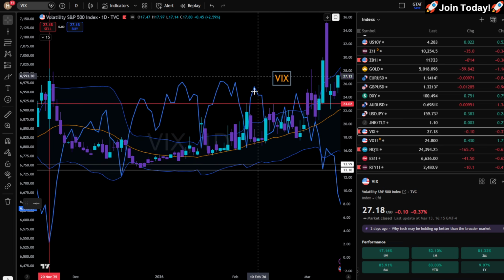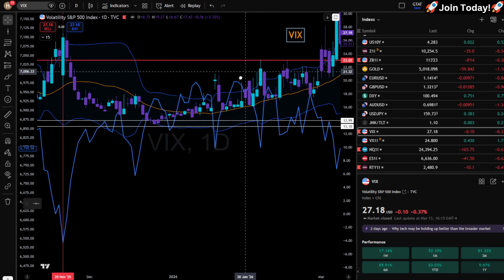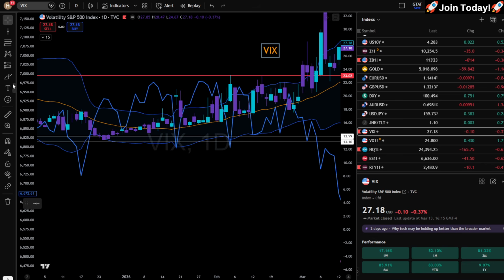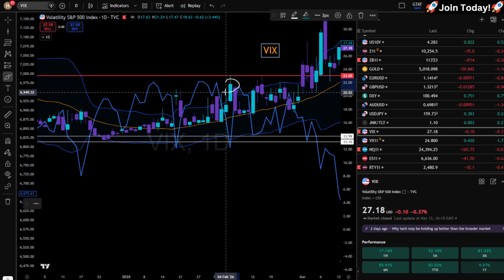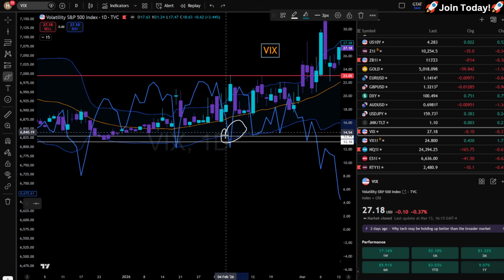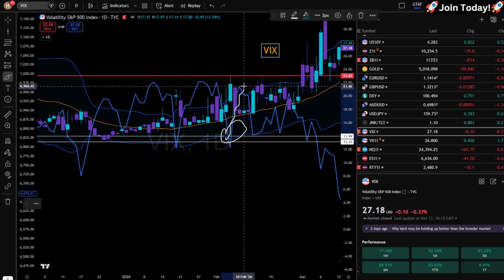So the VIX over here, February of 2026. As you can see, the candles are the VIX, the line is the S&P. The VIX was very far overextended. As the VIX pulled back, what ended up occurring on the S&P? The S&P bounced very, very dramatically.